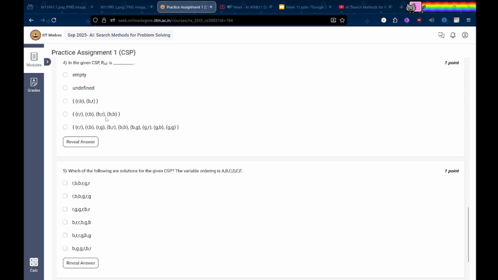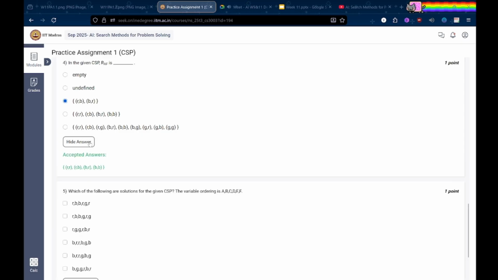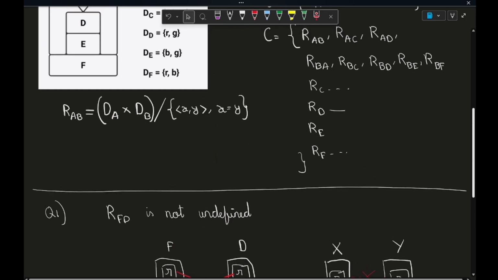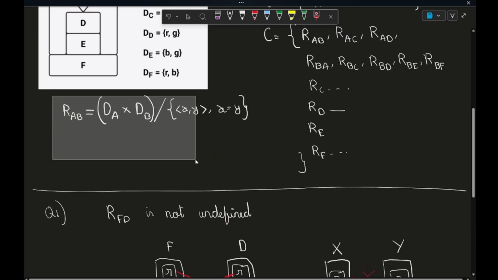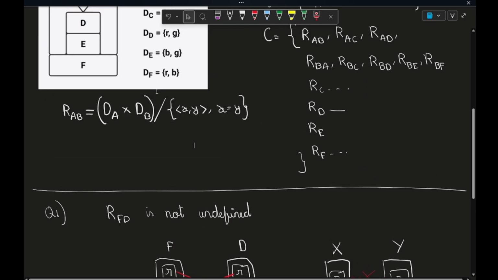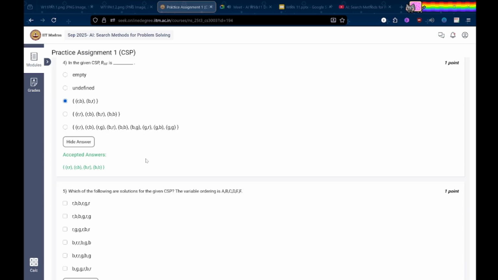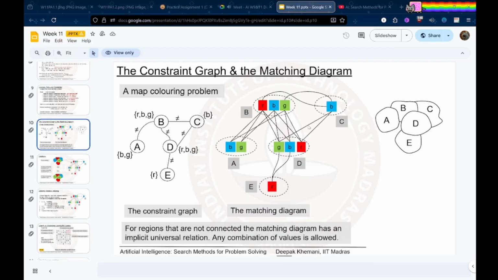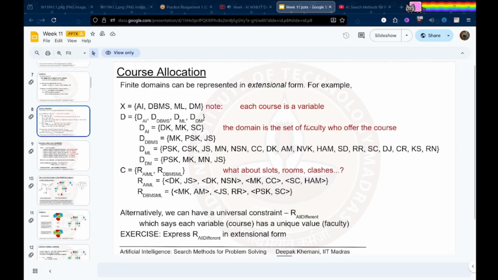So just RB and BR, this one. Hopefully. RAF. So it is not this. The definition that we made is not correct. The set differences should not be there for some reason. They are taking the whole Cartesian product. Yeah, they are taking the entire Cartesian product. Is that mentioned anywhere?